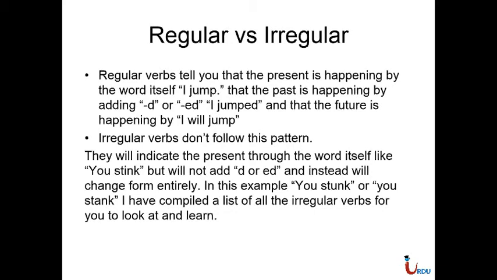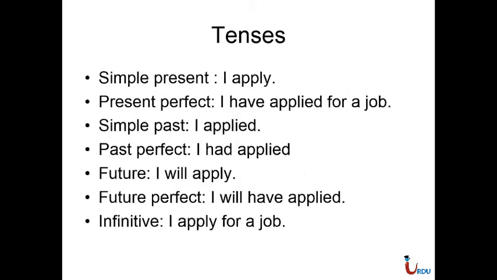However, for now, all you have to know is a regular verb follows a pattern of the verb itself. If you want to express past tense, you add d or ed to the end of it. And if you want to do future tense, then all you do is add will in front of it. However, irregular verbs work a little bit differently, and you'll learn more about them as we go.